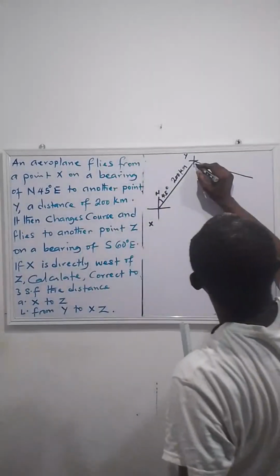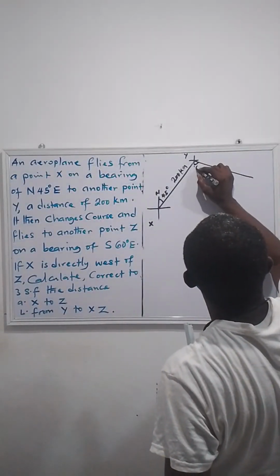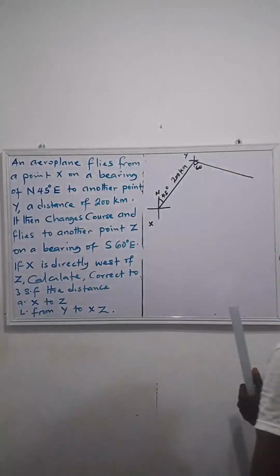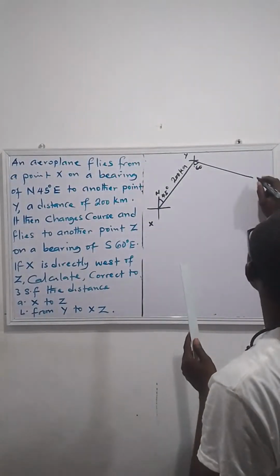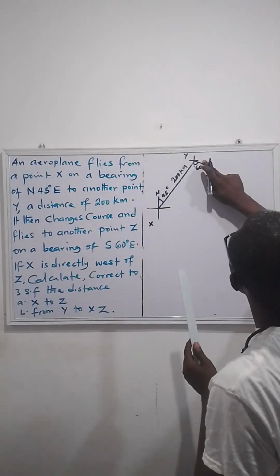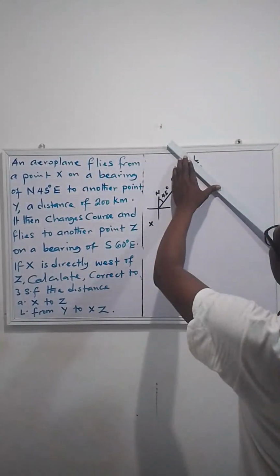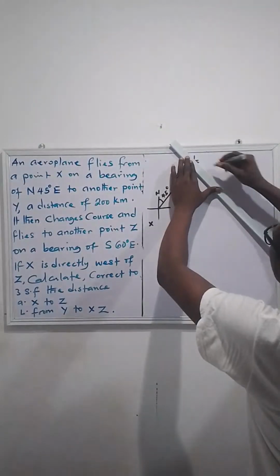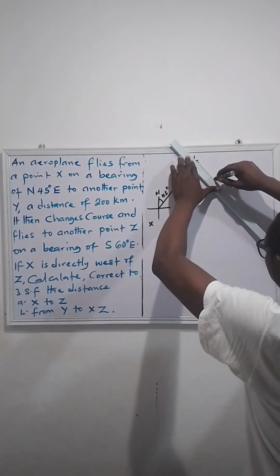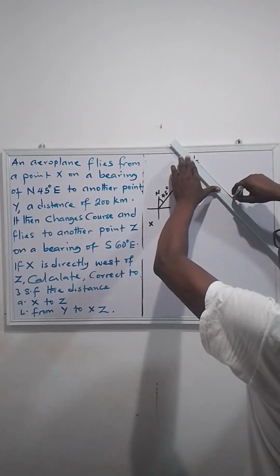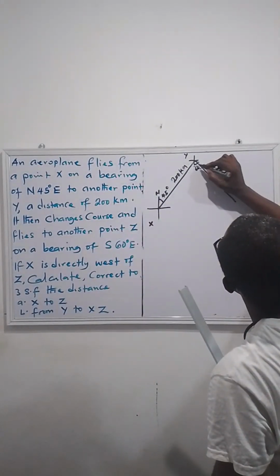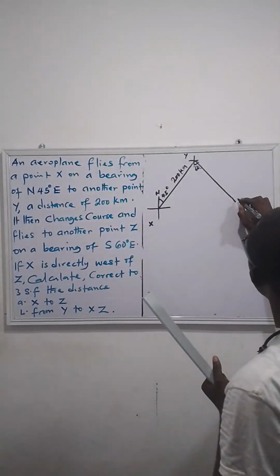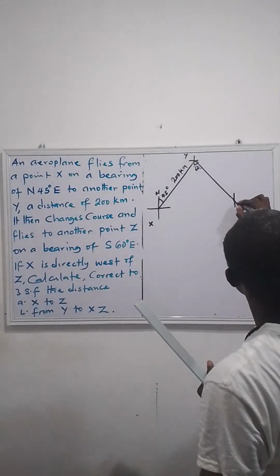The angle here is going to be 60, so south 60. Okay, let's draw it this way. This is 60 and this is point Z.